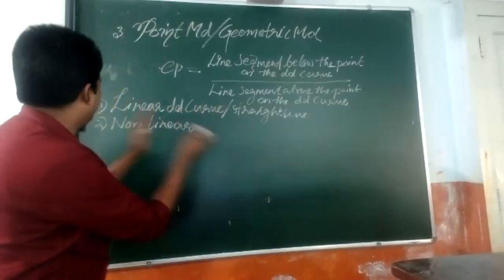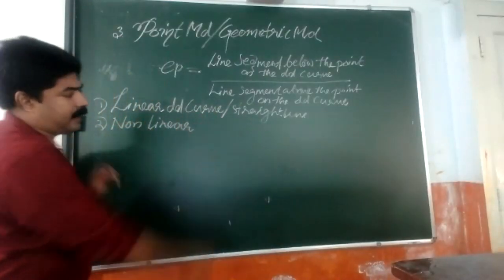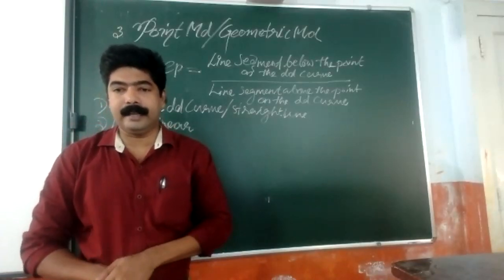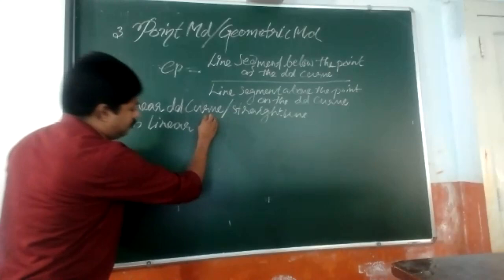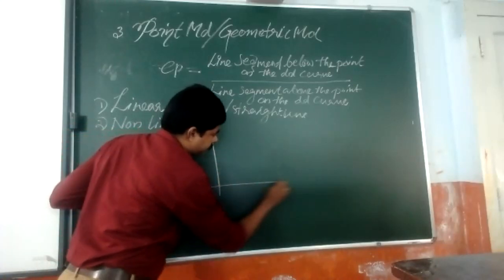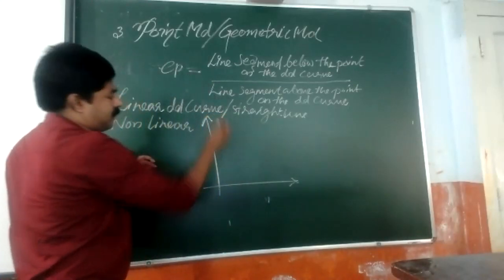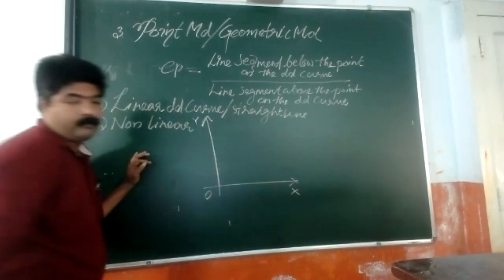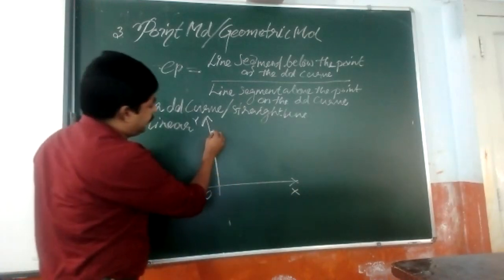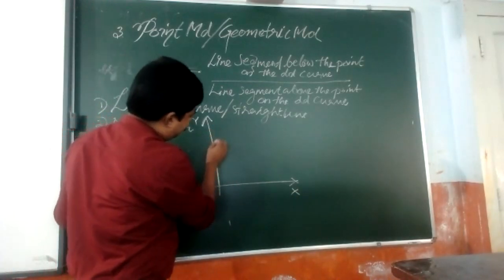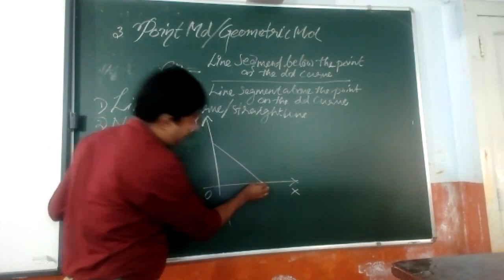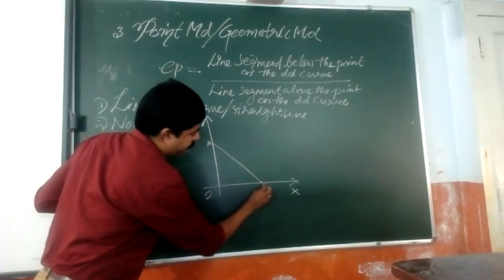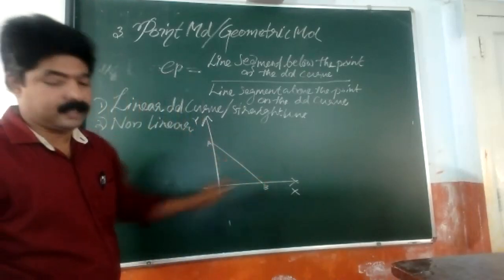Now let us come to the first one, the linear demand curve. All right, I am drawing a diagram. Look down. Linear means straight line demand curve. So this is my linear demand curve, line AB, a straight line demand curve.